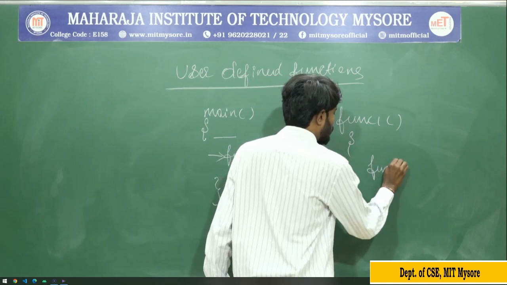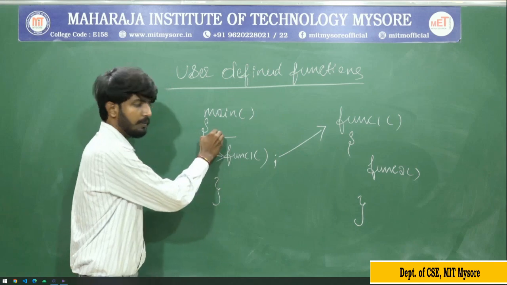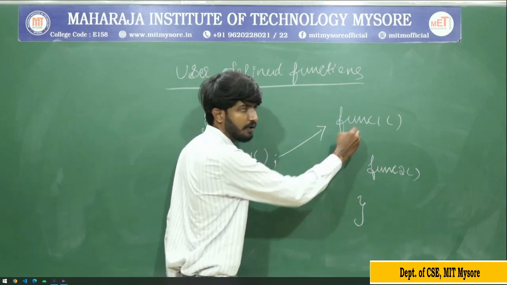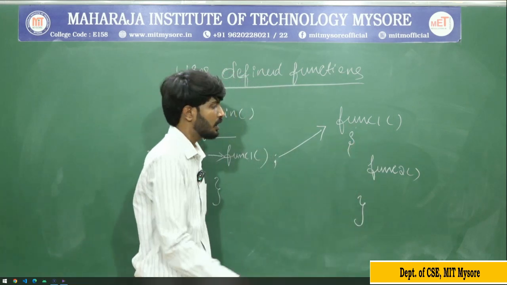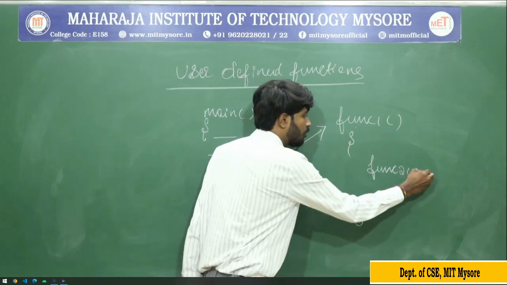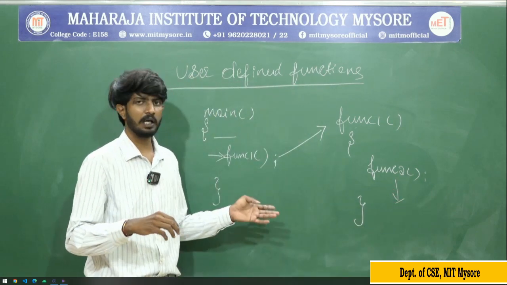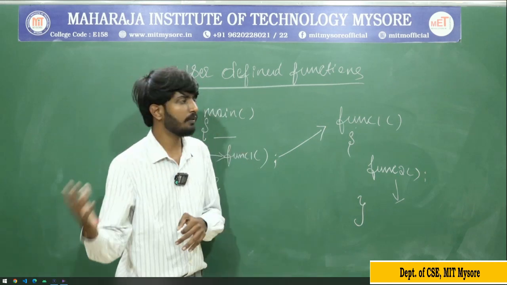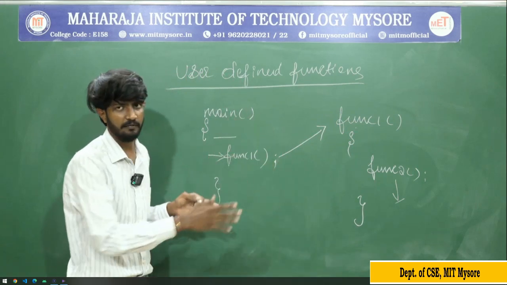If I call function 2 here, then the main function will be executed. It will encounter function 1, go to the function 1 implementation, and execute it. If function 1 also has another function, it will go to the implementation of function 2, and after that it will return back to function 1, and then return back to the main function.